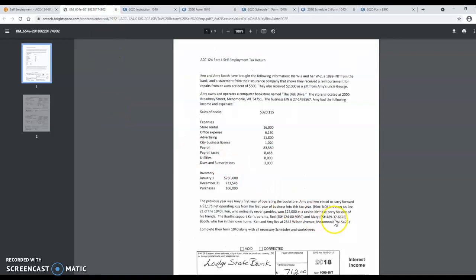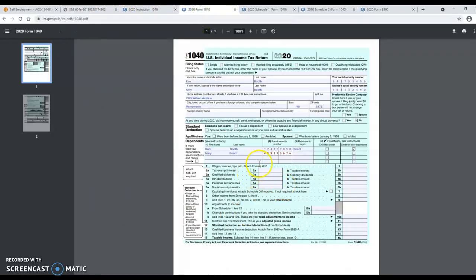Double check that, 489-376676. Okay, good. She's also a parent, and she would also qualify Ken for getting the extra $500 credit for dependents.